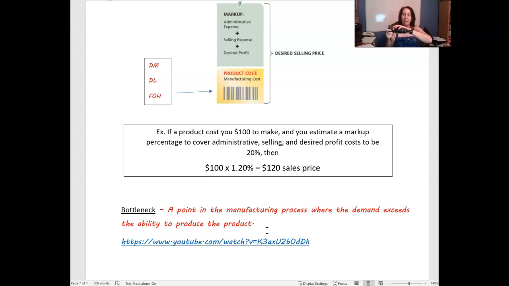So your manufacturing process is going along, and then something happens to kind of put a cinch on it so that only a little bit comes out at the other end. So a bottleneck is something in manufacturing that you want to make sure that you stay ahead of, because you're making the product, you're doing well, and then all of a sudden you can't get the stuff out the door fast enough. A lot of times bottlenecks play a big role in the manufacturing process, or at least identifying them and trying to make them as minimal as possible.